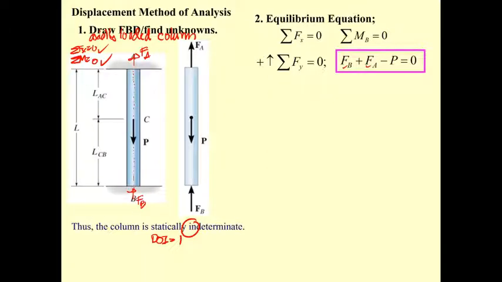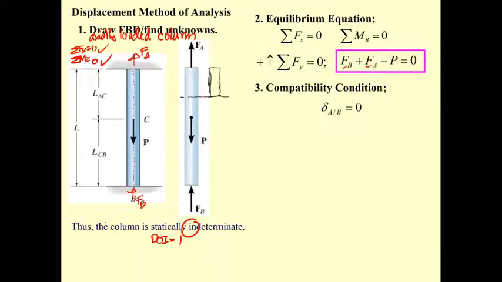We need the conditions that help in this analysis, called the compatibility condition and the force displacement relationship. Okay, so the compatibility condition. Under the application of the force, what we have for sure is this structure. If you consider this one, you draw this portion of this column.